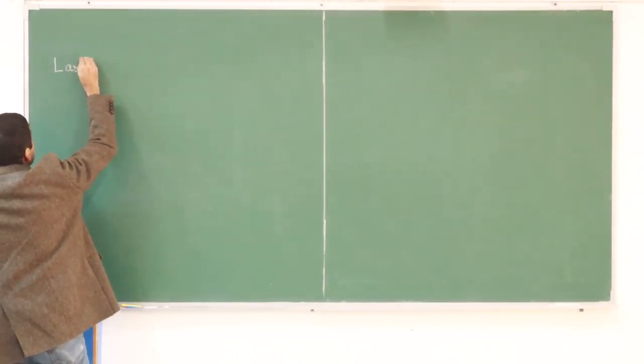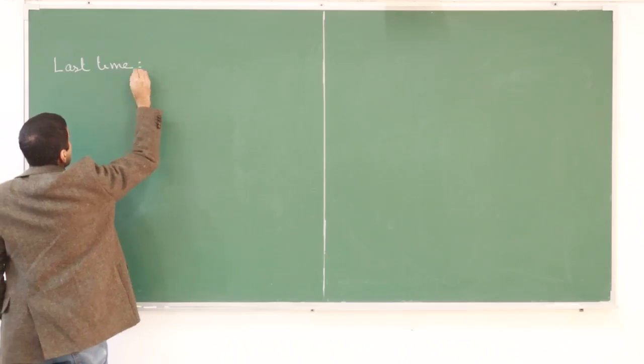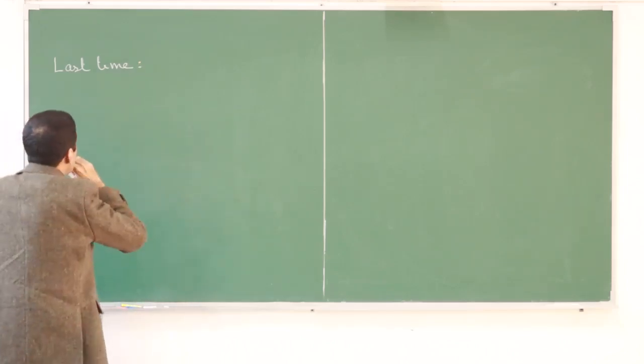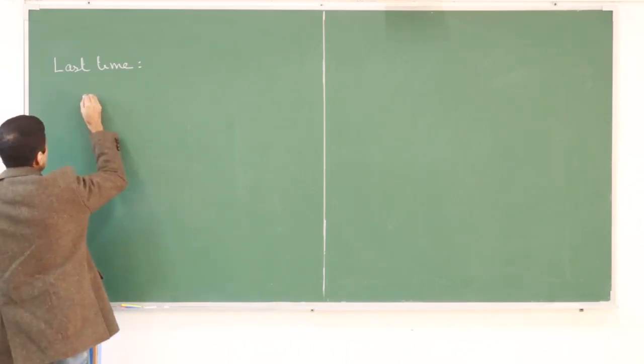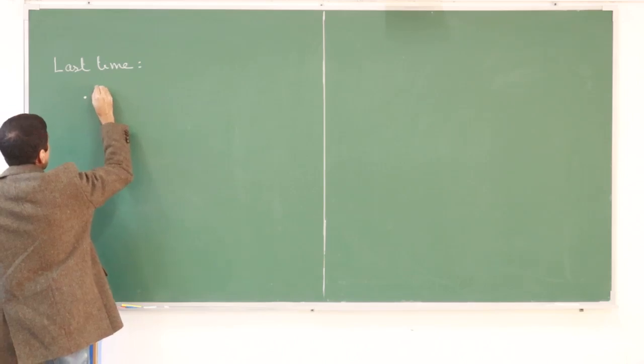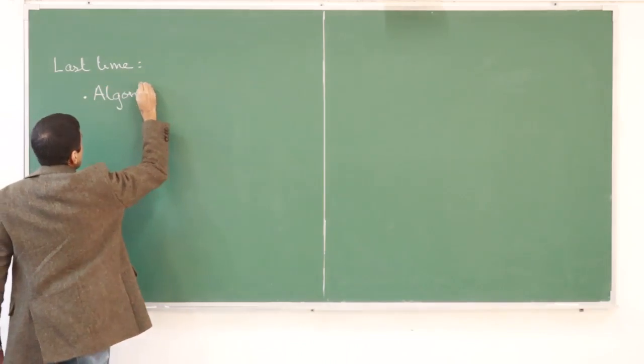There were two important ideas from last time. The first big idea was that we learnt an algorithm. What was the algorithm about?